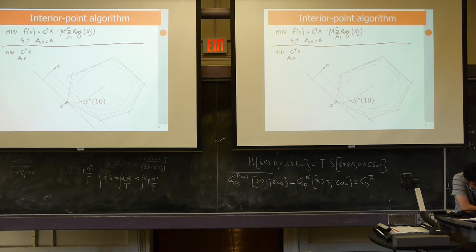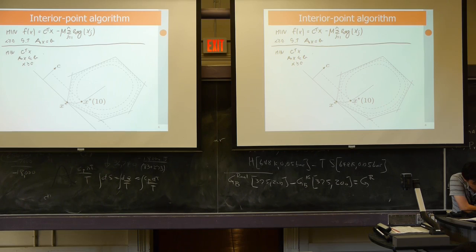But quite often your linear program has this form, that Ax is smaller than b. And sometimes people also have that x is non-negative.